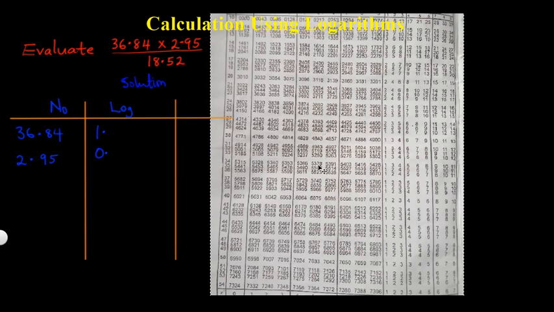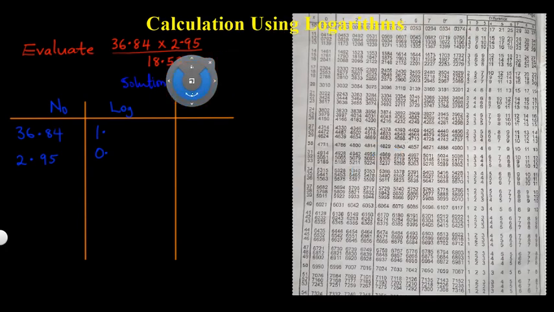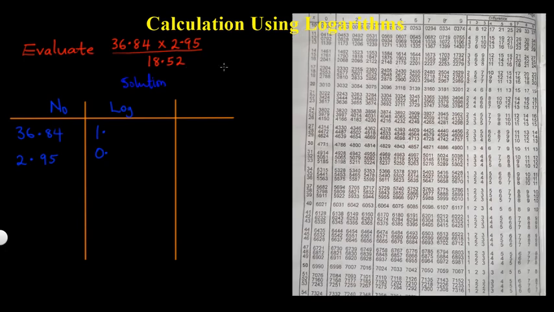So when you add 5 to 5658, it becomes 5663. That is your logarithm, 5663.